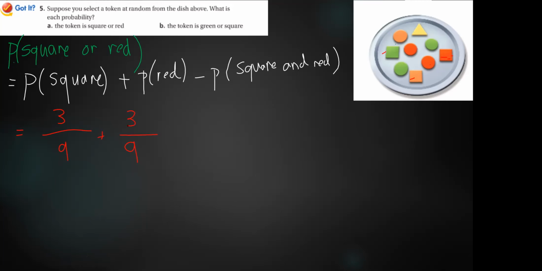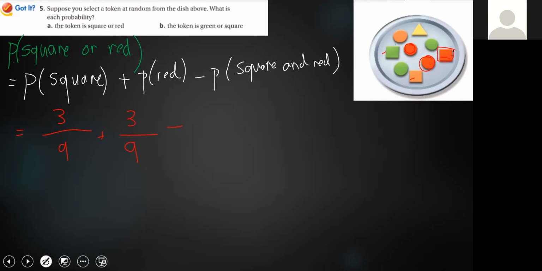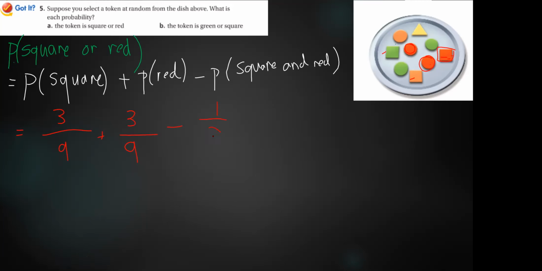Yeah, they colored them orange here. Now, how many are square and red at the same time? Only 1 over 9, exactly. 3 plus 3 is 6, minus 1, which is 5 over 9.